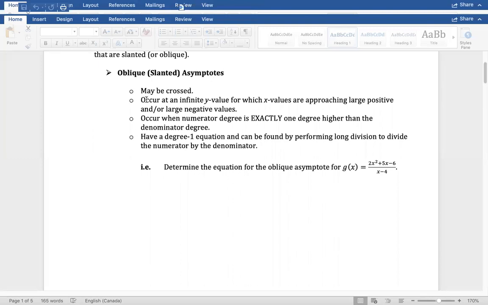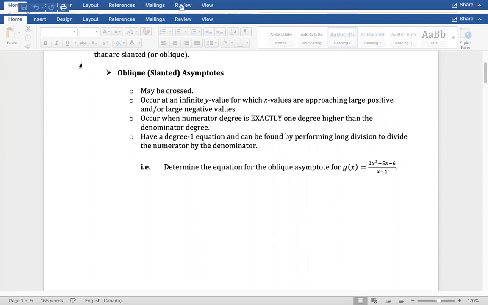Oblique asymptotes may be crossed, meaning that the function may actually cross that asymptote, just like a horizontal asymptote. It occurs at an infinite y value for which the x values are also approaching very large positive and or very large negative numbers.